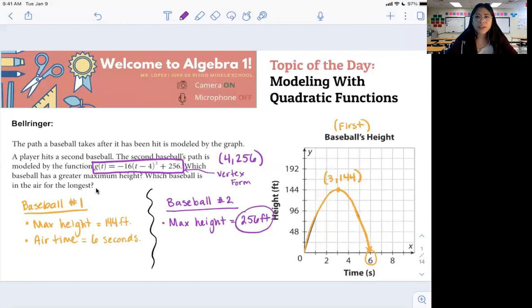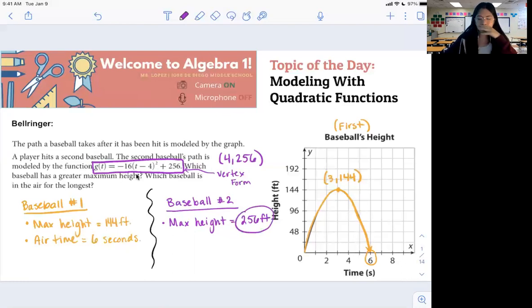And in order to answer that question, remember, for baseball number 1, we had to look at the x-intercept. For baseball number 2, do I know the x-intercept of that graph? I don't, do I? So unfortunately, we don't have enough knowledge yet to be able to answer it. You'll learn how to do it after the next topic test.